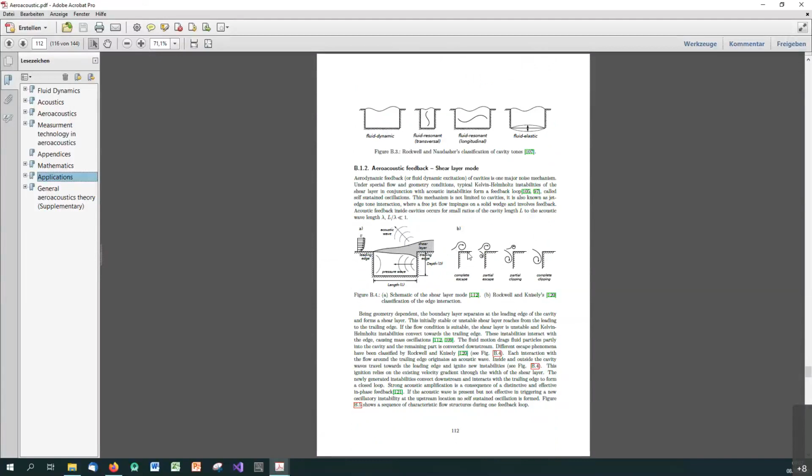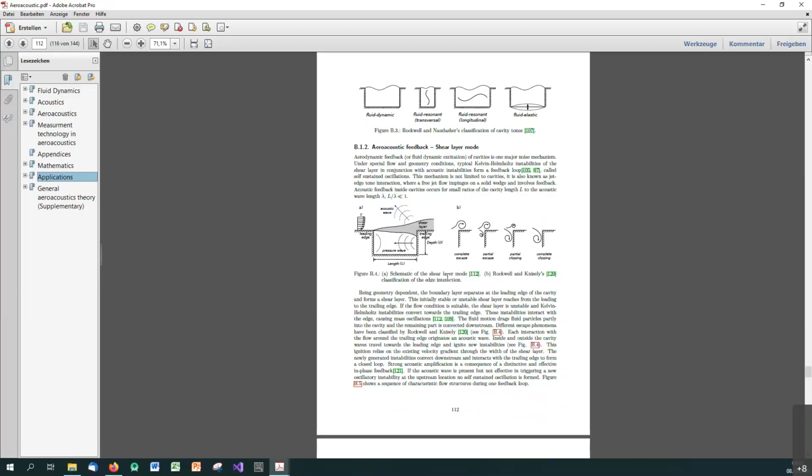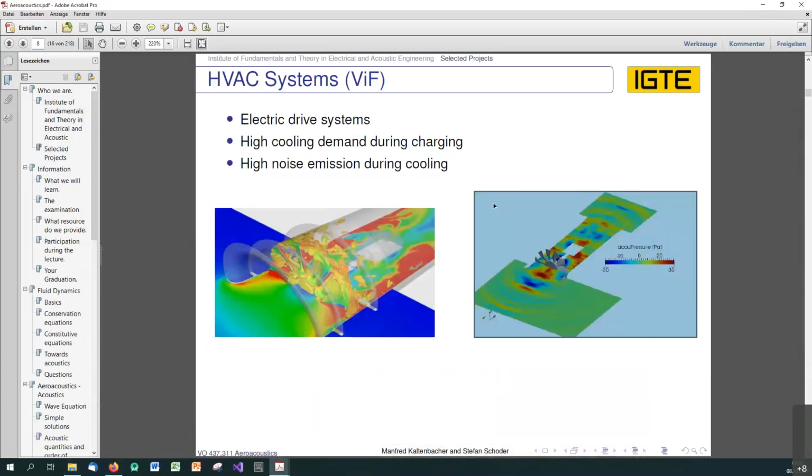These vortices are then clipped by the trailing edge, and this emits a very tonal component, which is used within typical music instruments which would like to have a very discrete tone. So have a look at that and you will get more there. Okay.